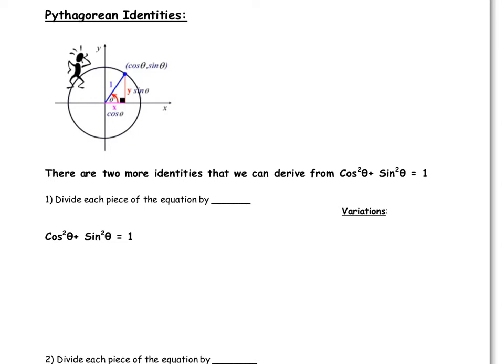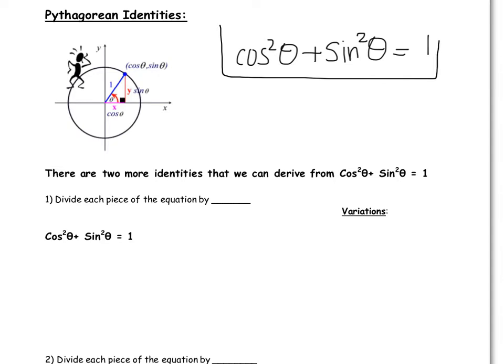So if I wanted to write this in terms of sine and cosine, we would just simply say, using the Pythagorean theorem, that it's cosine squared of theta plus sine squared of theta equals 1, or 1 squared. A squared, cosine squared, plus b squared, sine squared, equals 1 squared, or 1. So this is our first Pythagorean identity.